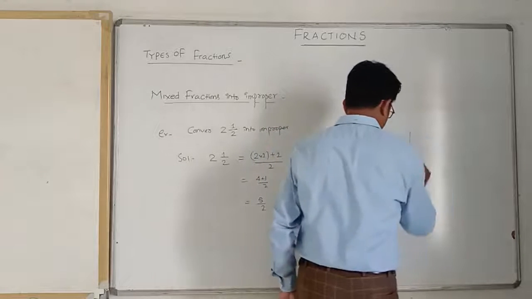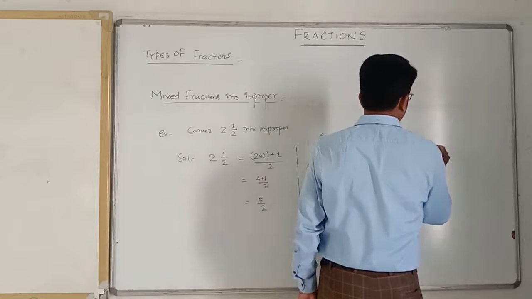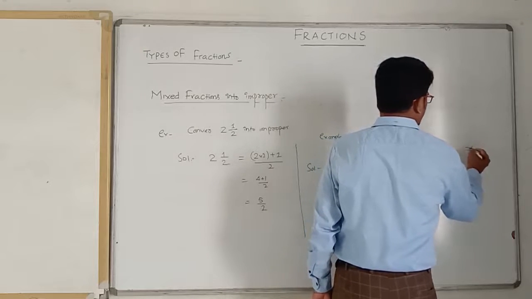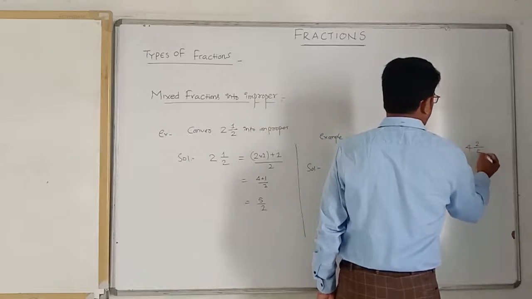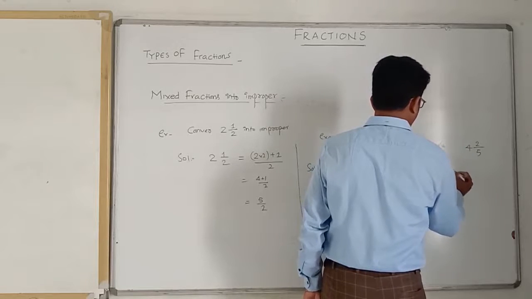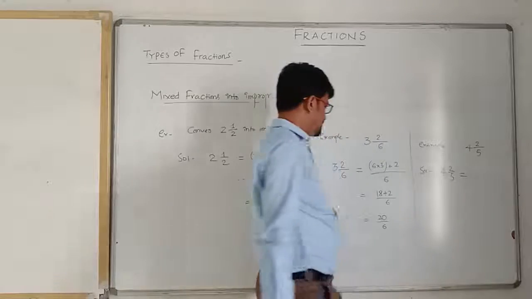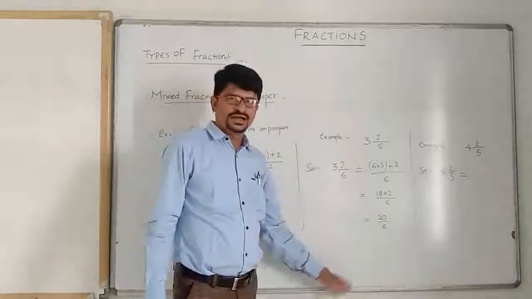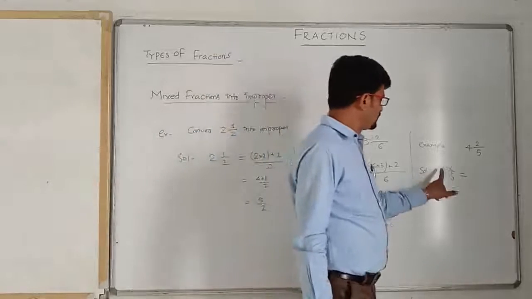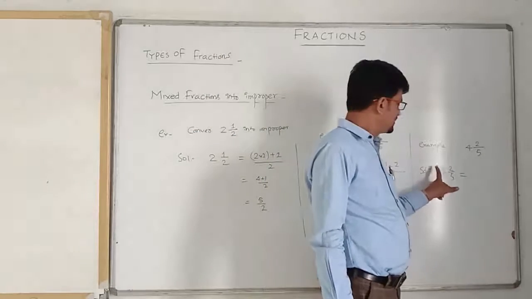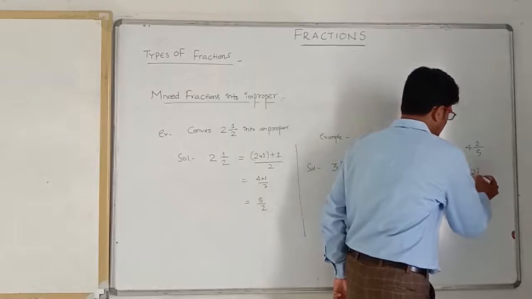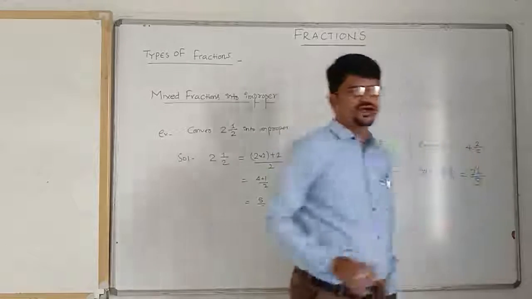Another example: 4 and 2 by 5. Children, you need not follow this entire method. Directly you can do it: 5 fours are how much? 20, plus 2, how much? 22. That is why you can directly write 22 by 5.